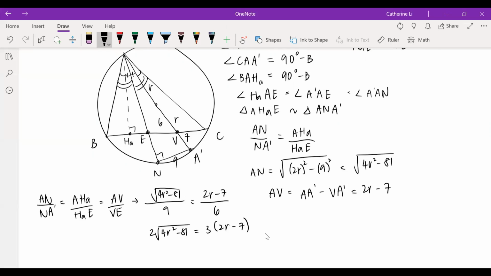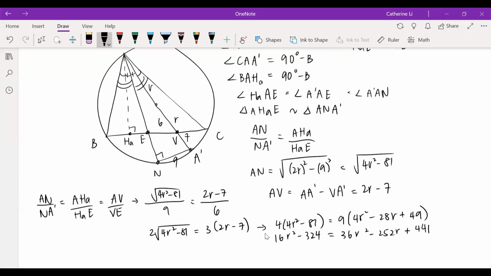And then squaring this, we have 4 times 4R squared minus 81 is equal to 9 times 4R squared minus 28R plus 49. Which is 36R squared minus 252R plus 441 is equal to 16R squared minus 324.